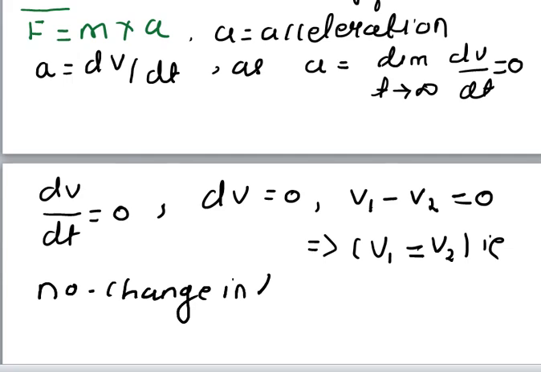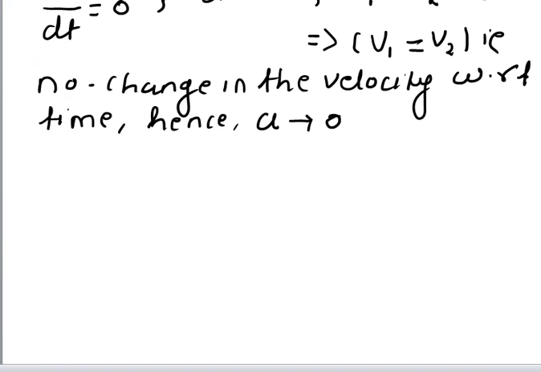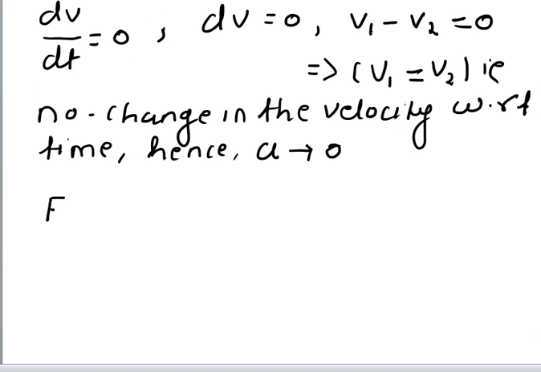no change in the velocity with respect to time. Hence, there is no acceleration in the solid. Hence, A tends to 0, which further means that the net force F in the direction of movement equals m times 0, equals 0.